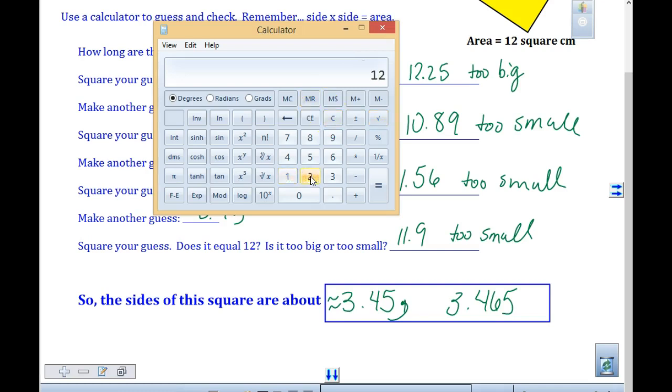If I'm doing it on this calculator, I hit 12, and then I hit second, and then x squared. Oh, that's not the right order. Check your calculator. On this one I had to start with second x squared, and then I put in 12, and it goes underneath the square root.